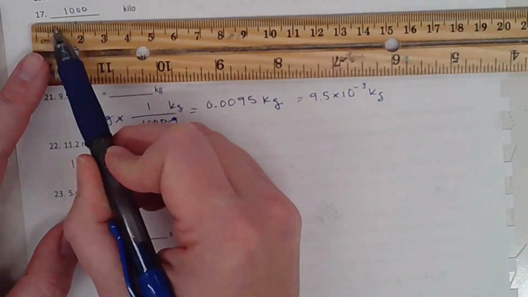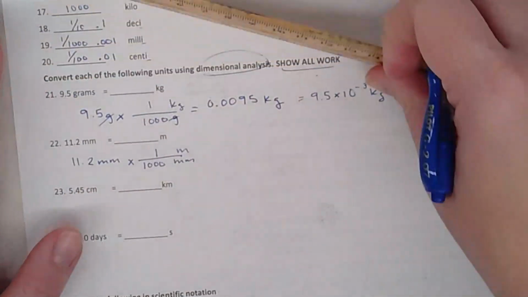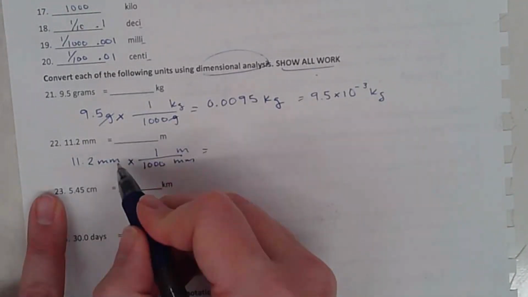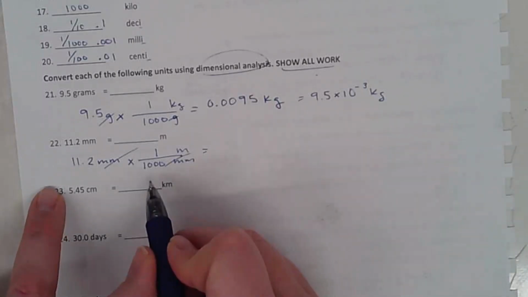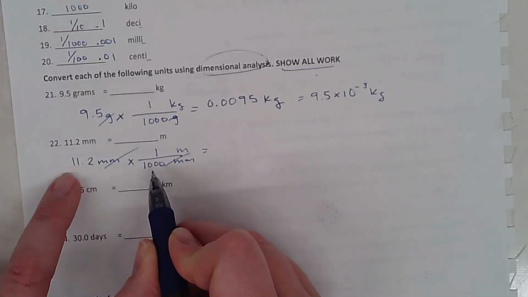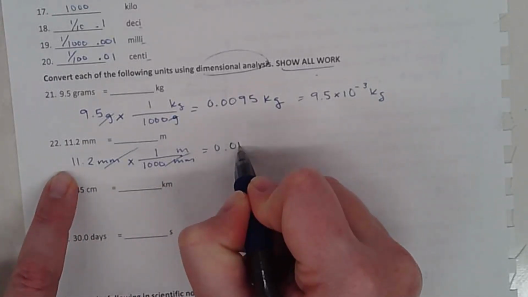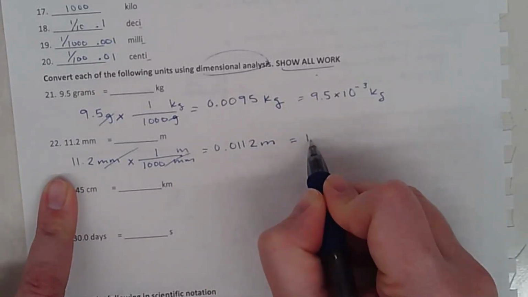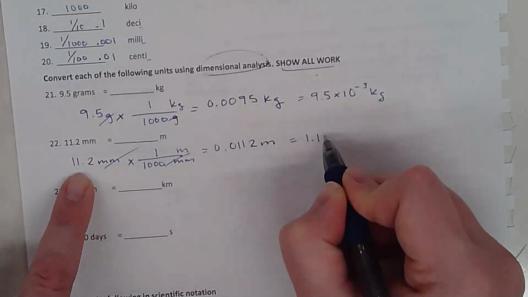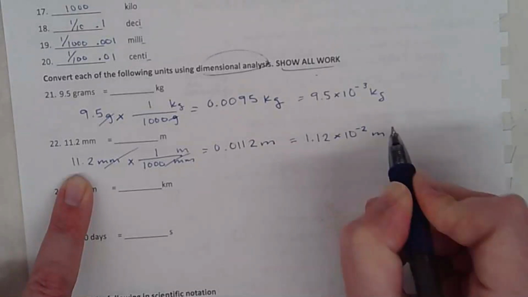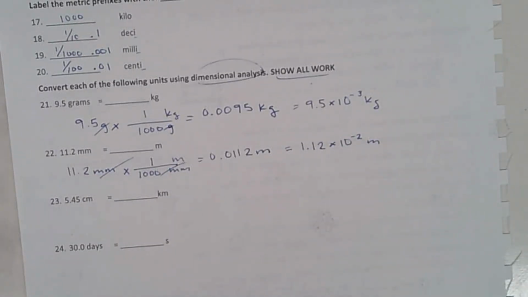It's tiny. So it's only that much out of 1,000 millimeters. So that cancels. I'm dividing again by 3 zeros, right? So this time I'm moving over 1, 2, 3. So that'd be 0.0112 meters. You could leave it in scientific notation, but you'd have to move it over 1 here. So that would be about 1.12 times 10 to the negative 2 meters in scientific notation.